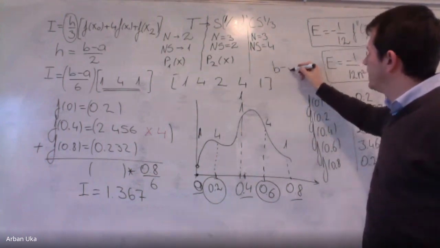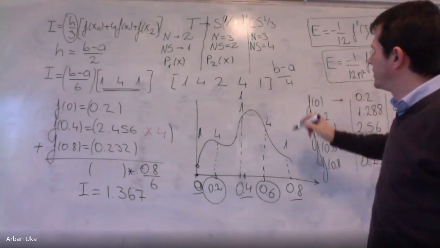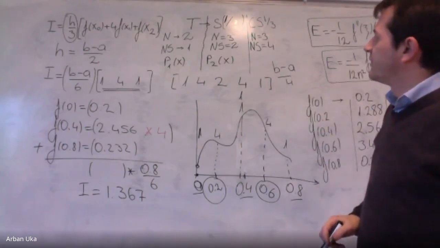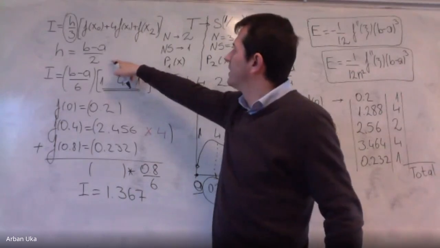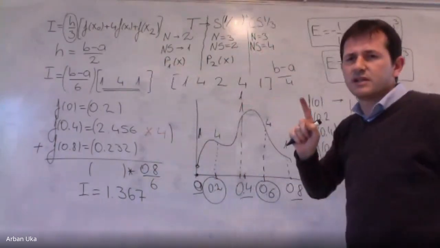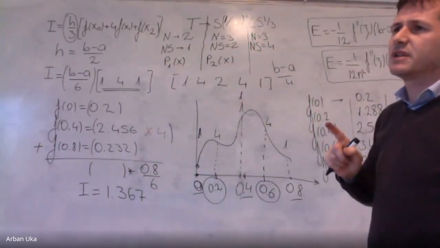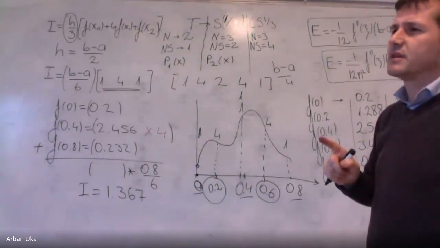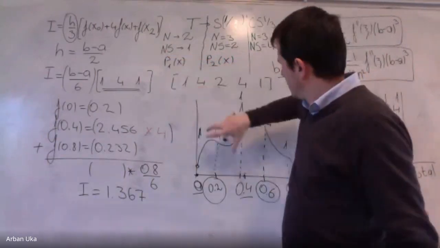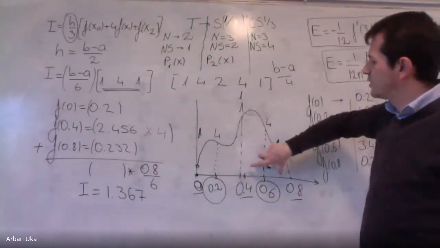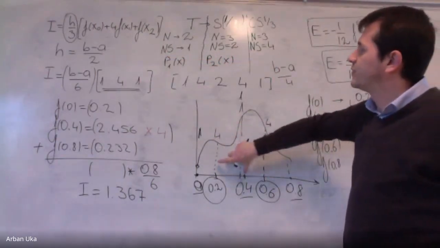B minus A, okay, over 4. That's the h. But actually, what was h before, when we had a single Simpson 1/3 rule? The h was equal to half of b minus a, because we had 3 points.